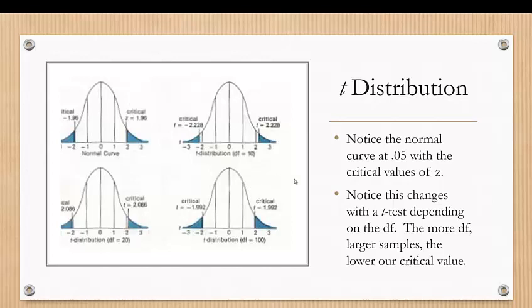Okay? So that's a little bit of a conceptual idea of the t-distribution as opposed to the normal curve that we talked about. So as we go through working with t-tests, we're going to see that we can't use our critical value at the 0.05 level of 1.96.